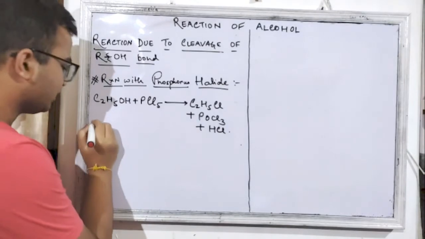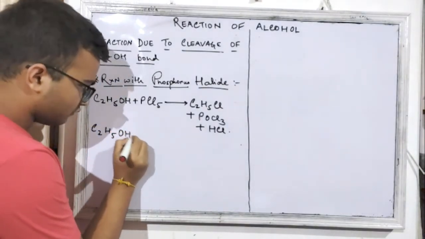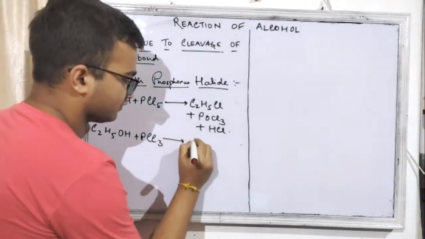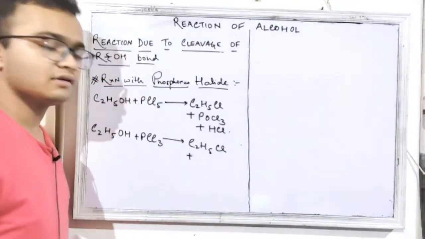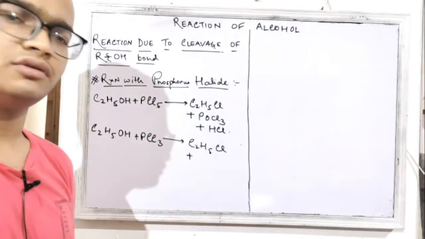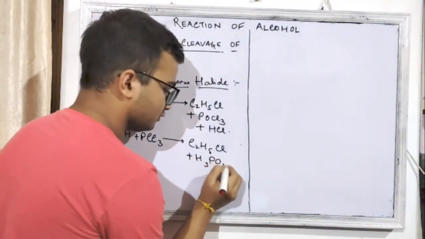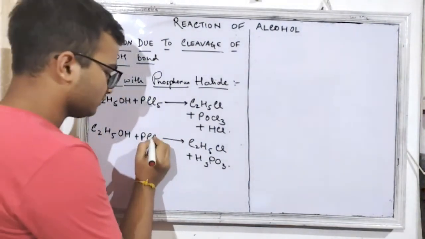And if you take C2H5OH with phosphorus trichloride, it will give C2H5Cl. Along with this, you will get H3PO3, right? Now, this was about the reaction with chlorine.